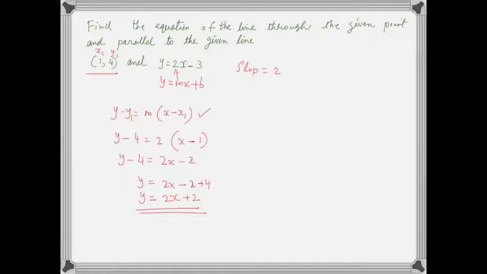So that is the equation of the line through the given point and parallel to the given line. Why is this equation parallel to the given line? Because the slope is the same.